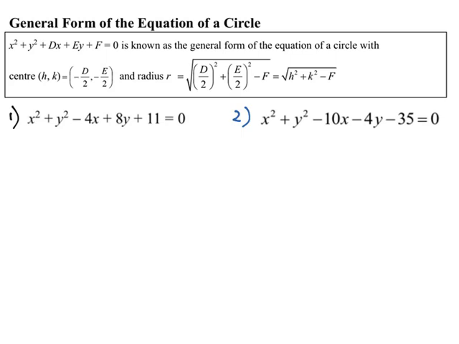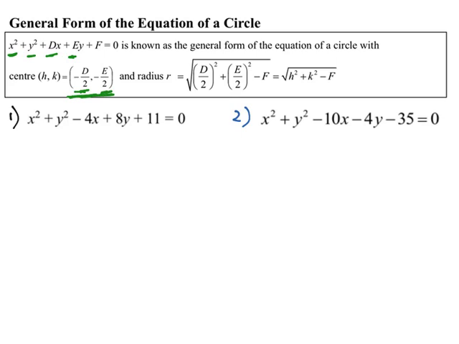This lesson will focus on using general form to find the center and then the radius. For center, remember we need to put the general form into this format. The coefficient of x squared and y squared must be 1. And then we can use negative d over 2 and negative e over 2 like this for center.